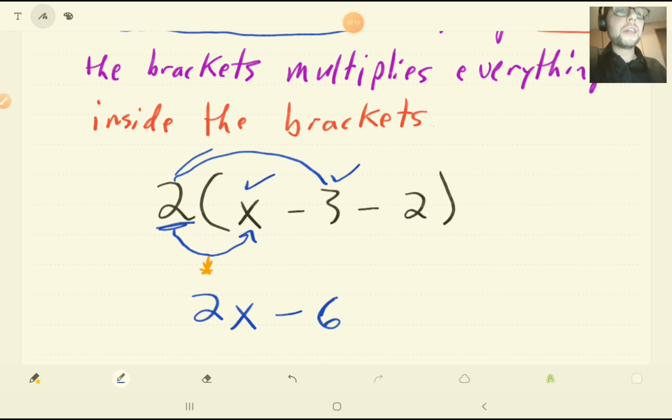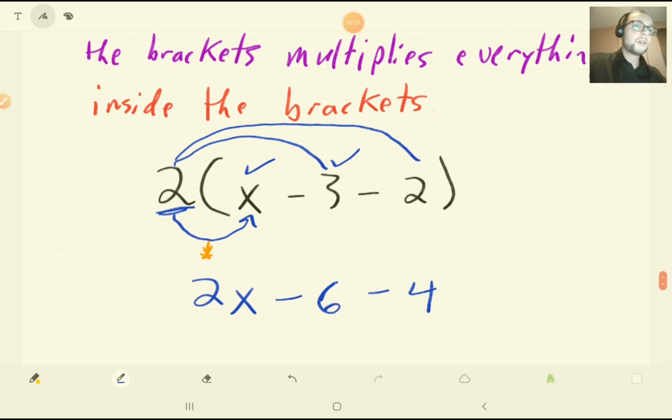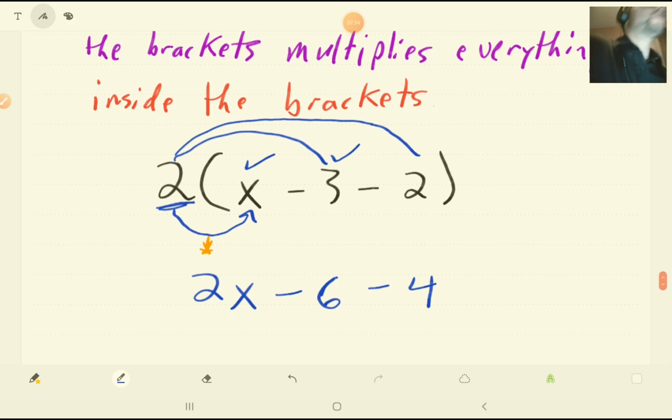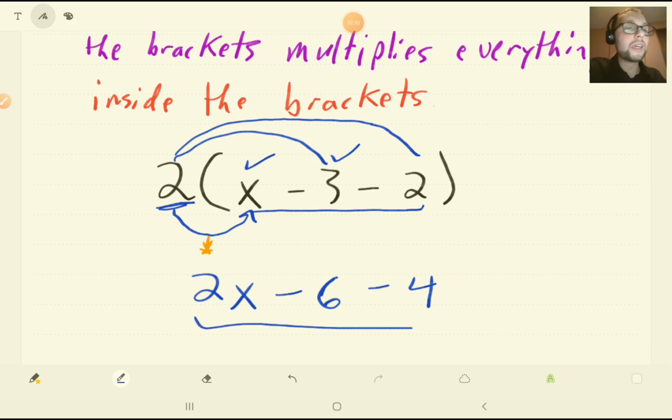And then finally, 2 times negative 2 is going to be negative 4. And this process is called distributive property, where we multiply everything outside the bracket by everything inside the bracket, and then we get the brackets removed.